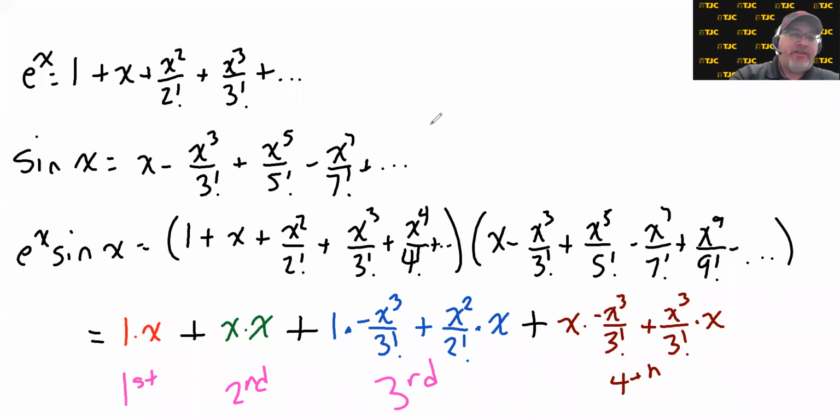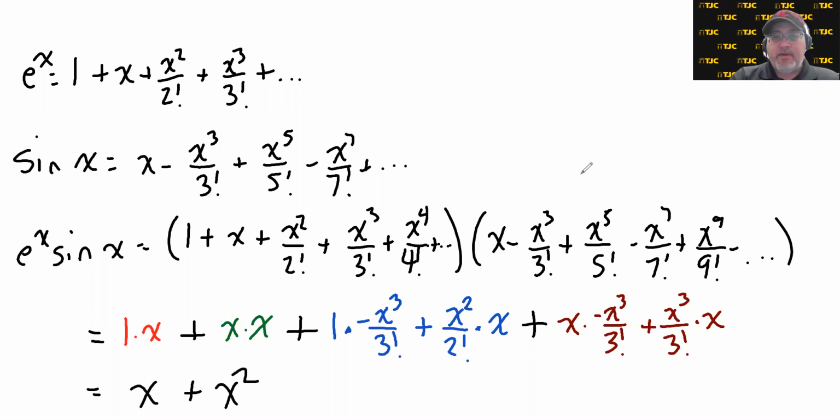Now that we've located all the like terms for the first 4 terms in our answer, let's clean this up. 1 times x is x. x times x is x squared. The next one's a little bit messier because I have some things to combine. Let's just take these up to the side and work them out. This is negative x cubed over 6 plus x cubed over 2.